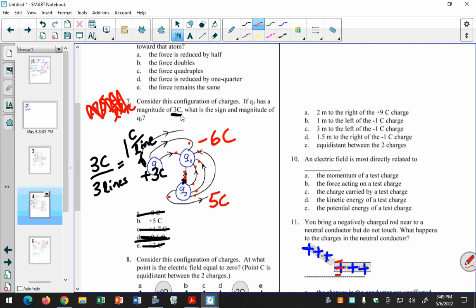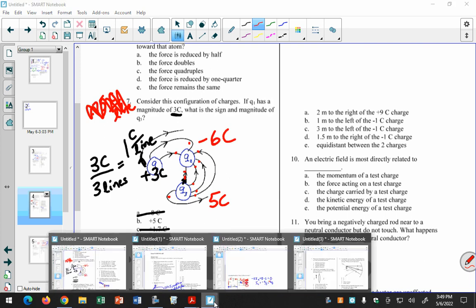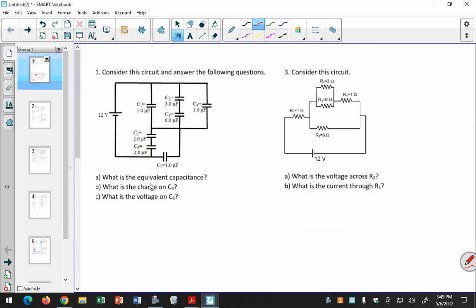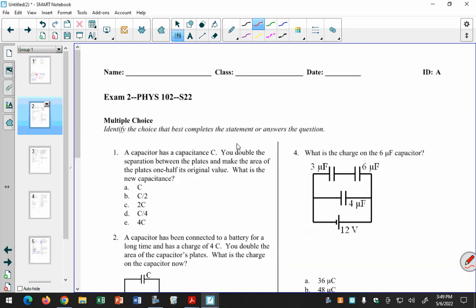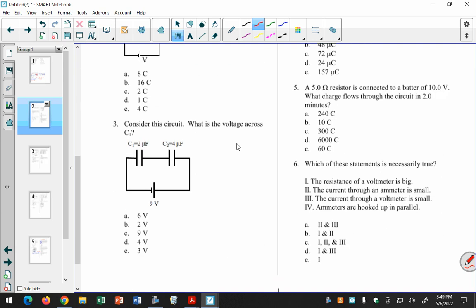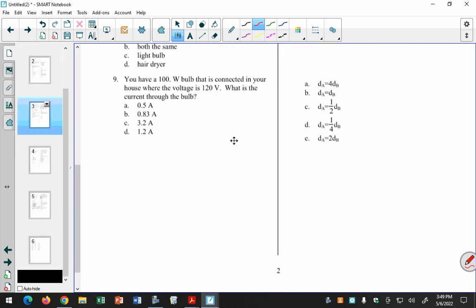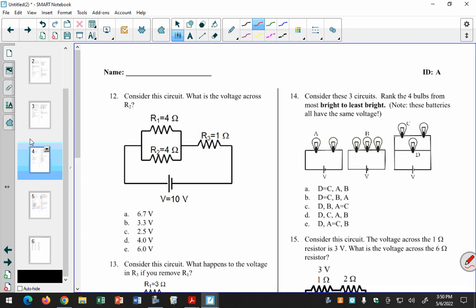Exam 2 was, is this exam 2? Yeah, resistors and capacitors, circuits. As I said, every exam is equally represented, and I try to equally represent the different sections of each exam so that you have a good distribution of questions.